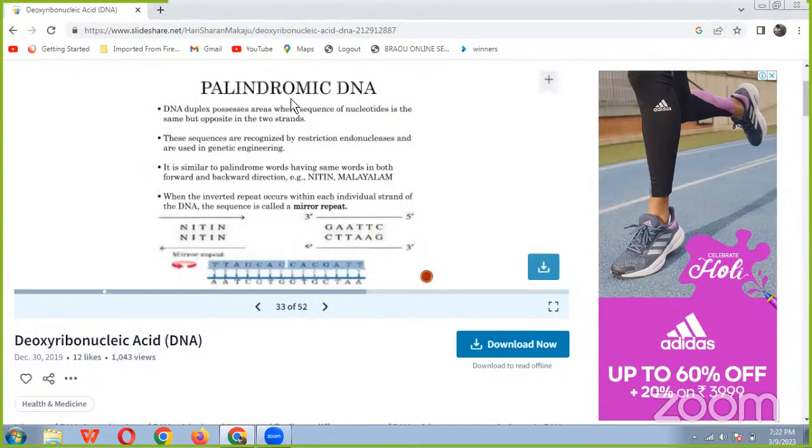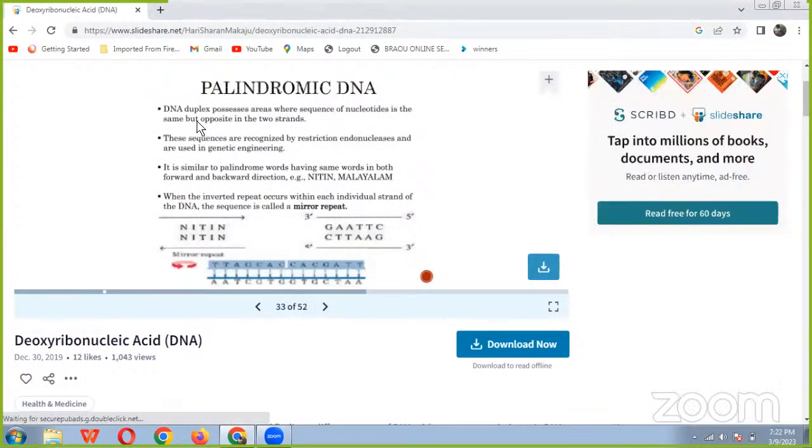Palindromic means, for example, that the DNA duplex has a sequence with opposite ends being the same.